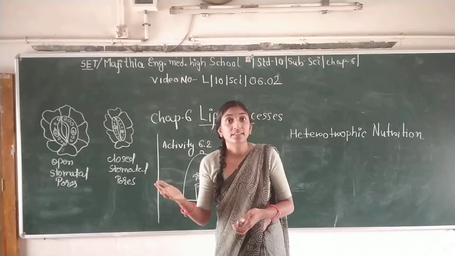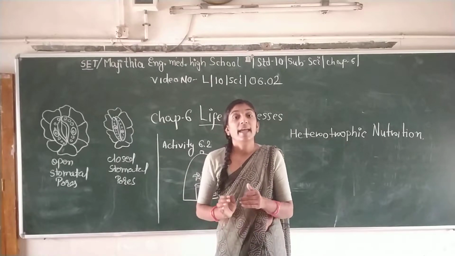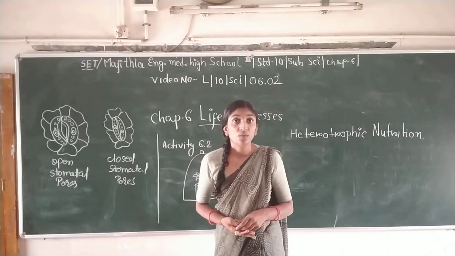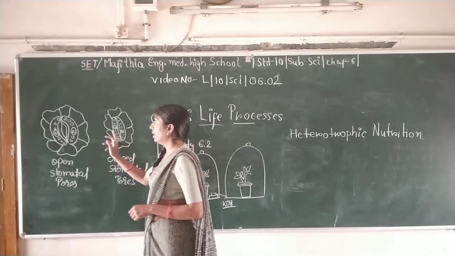From the environment, these gases go inside the stomatal pore, and from this pore they go up to the place where it is required. This particular thing is called stomata.